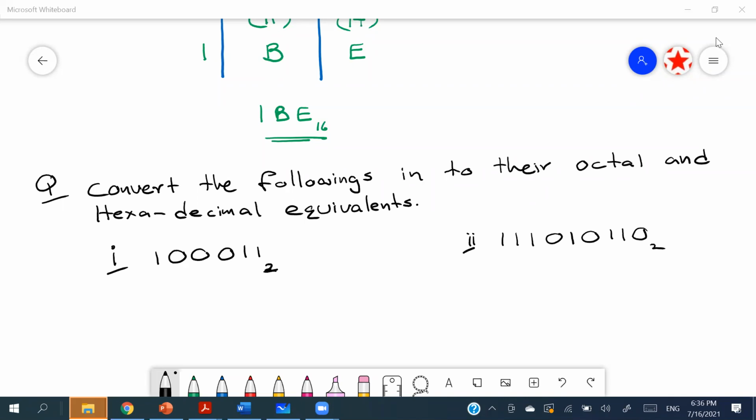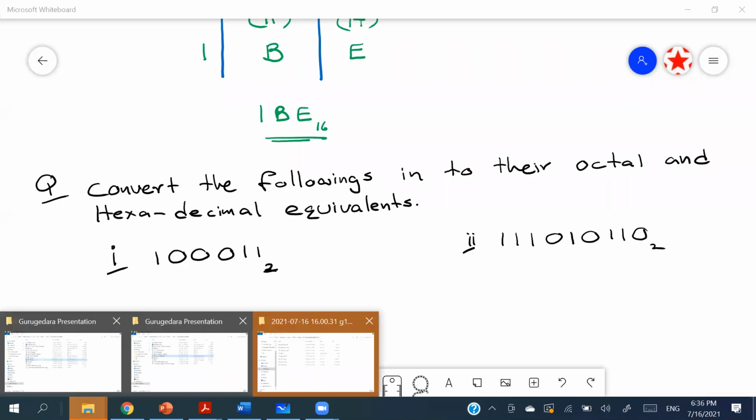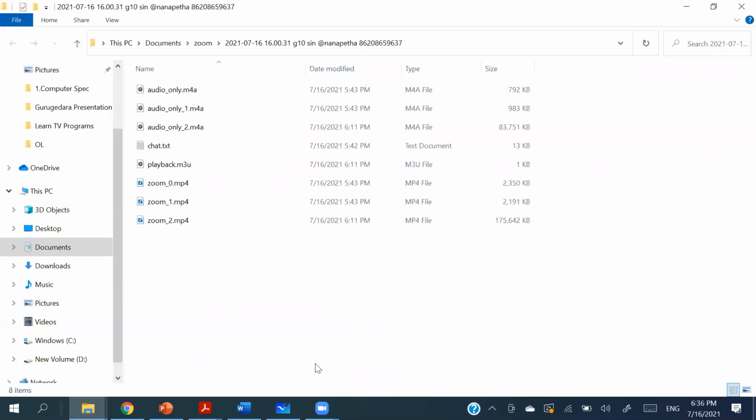All right. Yes, all 4 conversions are correct. Ranuja, octal conversion is correct. Vinet, there is a problem with the hexadecimal conversion.